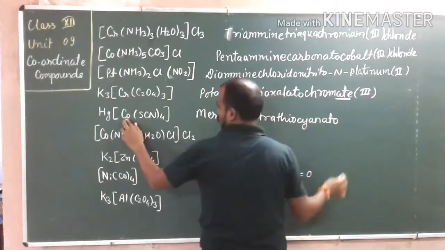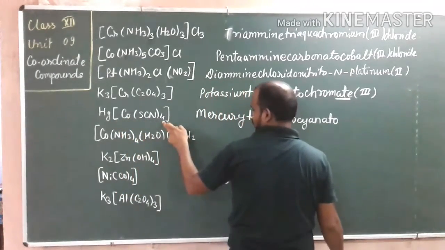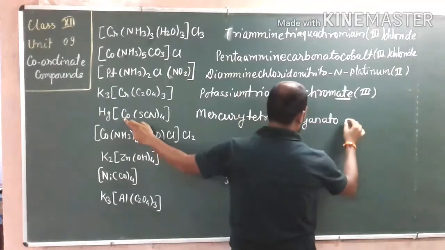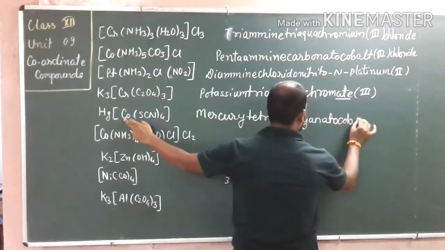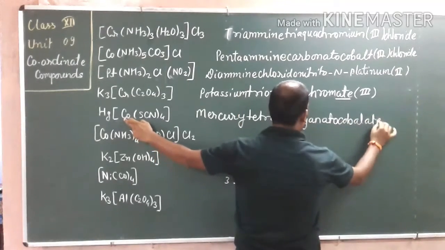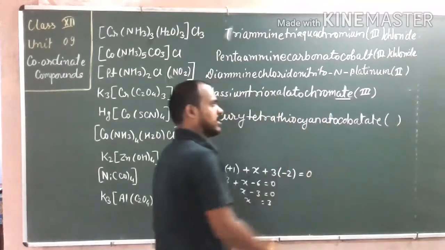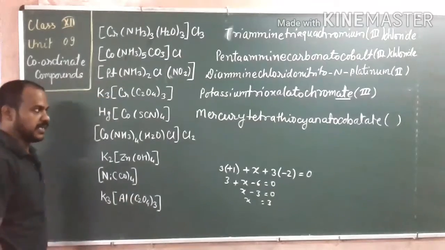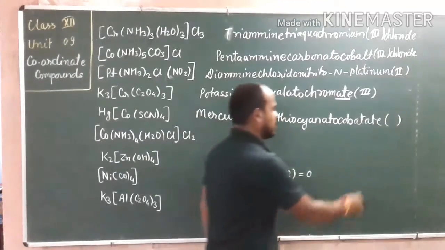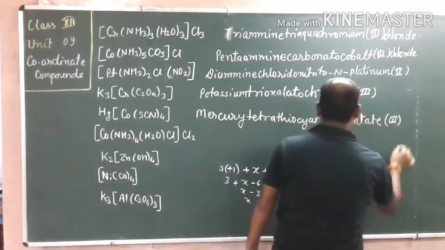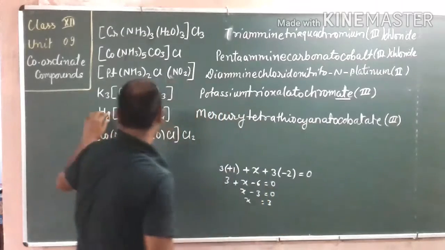Then Co. Since this entity is an anion, the name will be changed. So from cobalt, it will become cobaltate. And the oxidation number: since the oxidation number of cobalt is 3, it should be only 3. So see, how can we calculate?